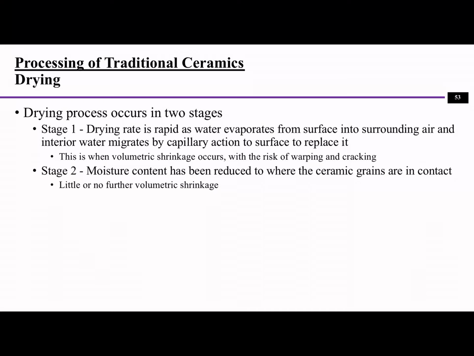So the volume of the part will start to shrink, and there's also a little bit of risk of warping and cracking when the part is losing water. In stage two, the moisture content has been reduced to where the ceramic grains are in contact, which means there's little or no further volumetric shrinkage.